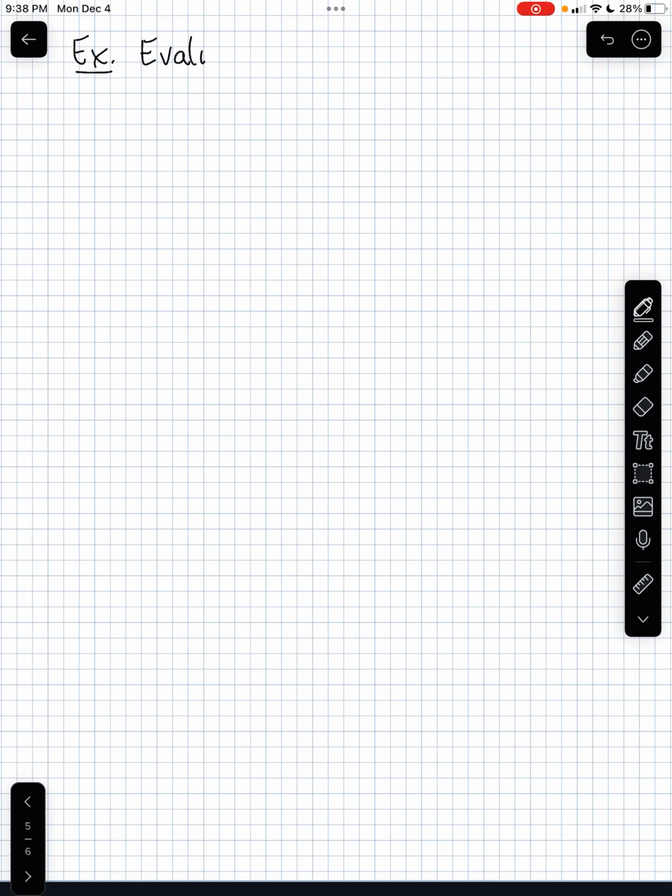So suppose, and we'll use the angle we just had, suppose we want to evaluate the sine of pi over 12. As we said before, we have a couple of different ways to write pi over 12. I'm going to choose to use pi over 4 minus pi over 6.